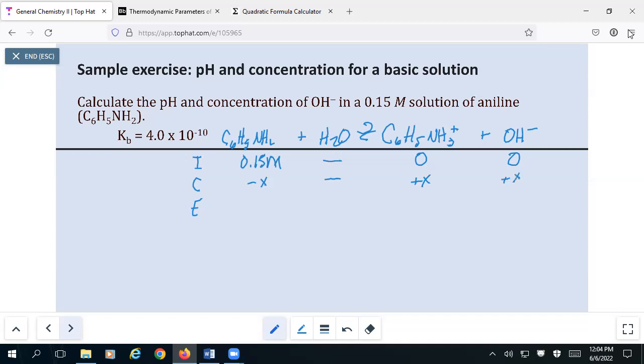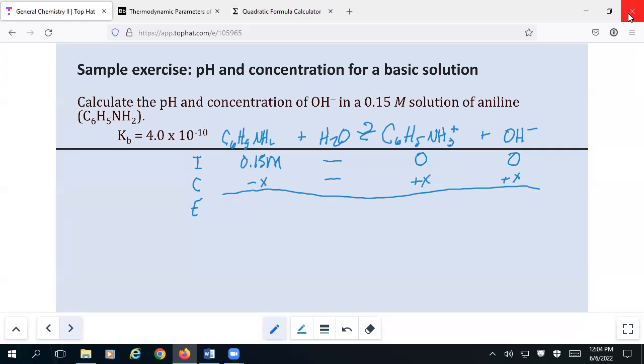So again, it can be kind of boggling here how often this equilibrium ice table ends up looking exactly the same as the last one that you did, and exactly the same as the one that you did before that and the one that you did before that. There is some monotony in there.